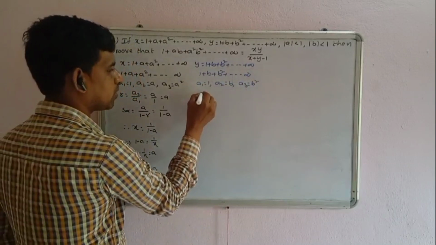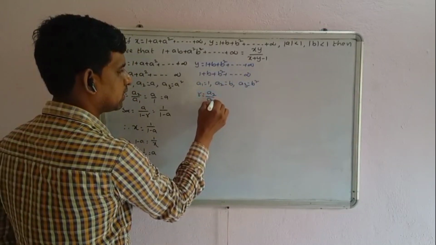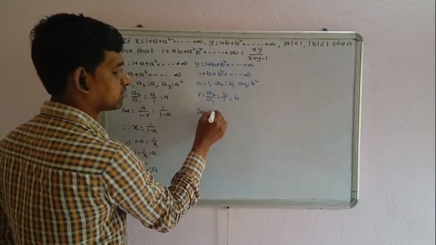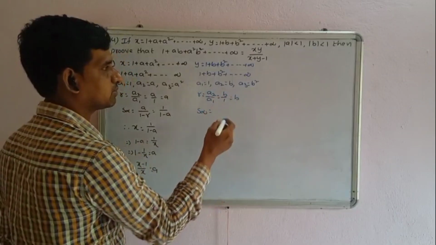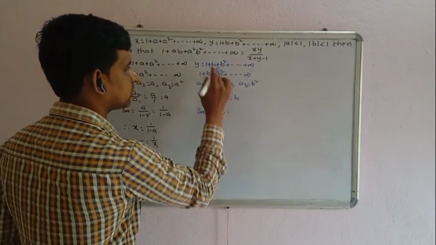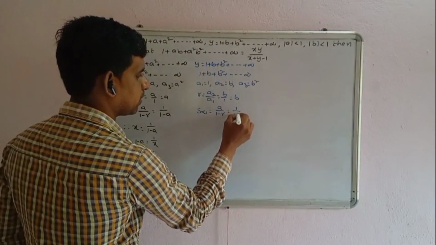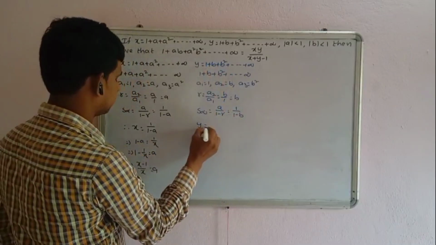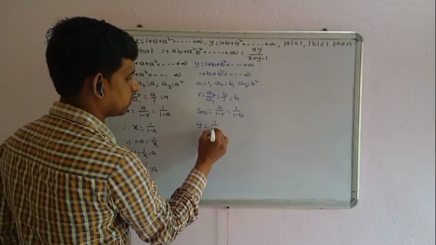What is the common ratio formula? r equals a2 by a1, that is b by 1, which is b. The S infinity formula, sum of infinity terms, is a by 1 minus r. The first term a is 1, so 1 by 1 minus b. This is the value related to y. Therefore y equals 1 by 1 minus b.